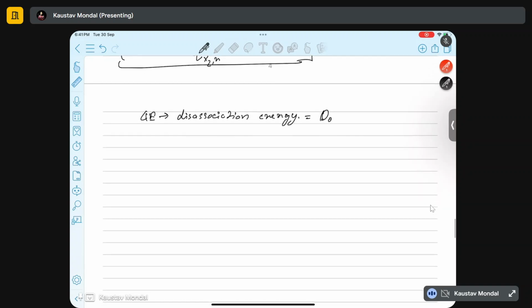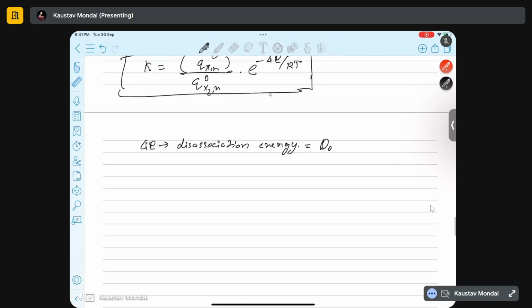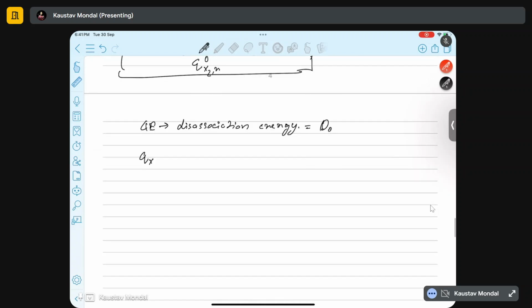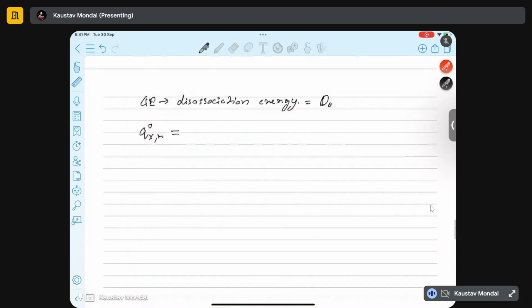Next is the partition function. Okay, so now we have to calculate the partition function. So first is for qX. So qX is in the numerator. For qX, X is just a single atom, not a molecule. It's just a monoatom. It doesn't have any rotation. It doesn't have any vibration.